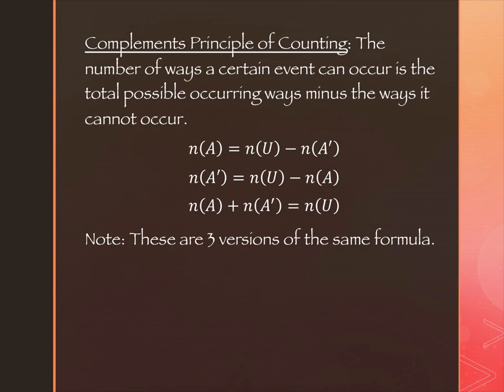It says the number of ways a certain event can occur is the total possible occurring ways minus the ways it cannot occur. And then there are 3 equations given that are really all the same equation, just solved for different pieces. The one that you will see us use most frequently is the first one.